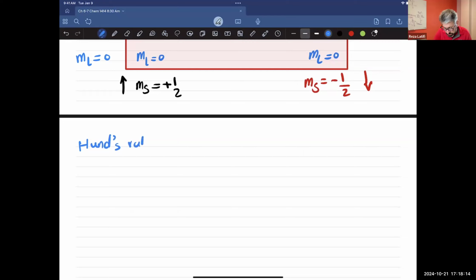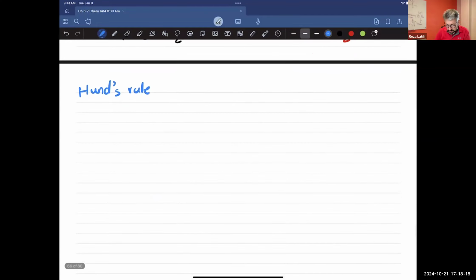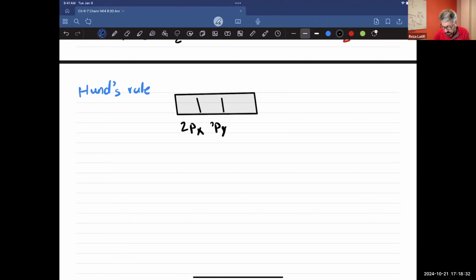Okay. And Hund's rule, like we're going to have, for example, a p orbital that has three boxes. So this is going to be 2px, 2py, and 2pz.